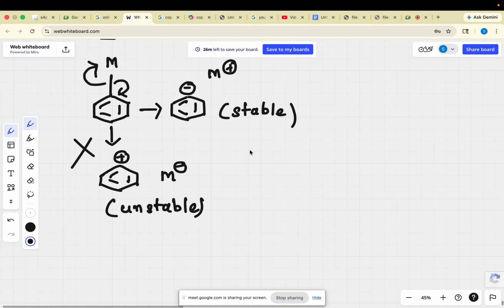In neutral method you will get one electron, in ionic method two electrons, formal charge will be -1, and eta value is 1 only.